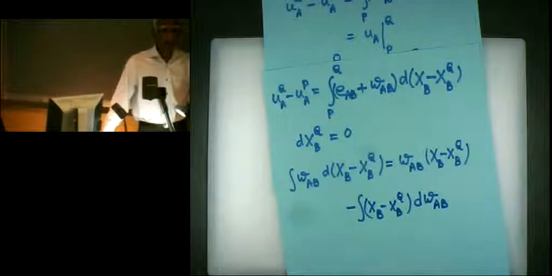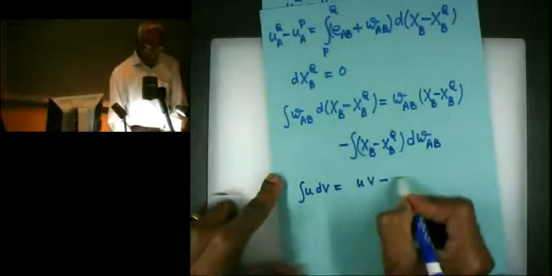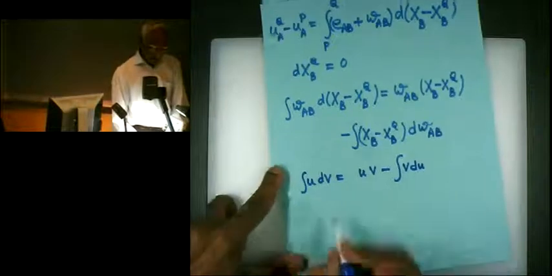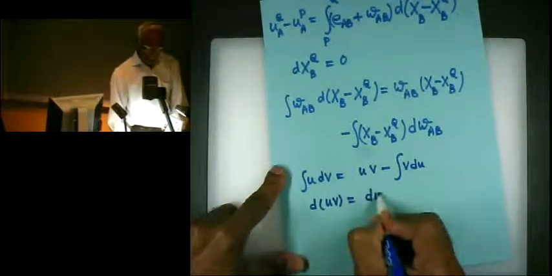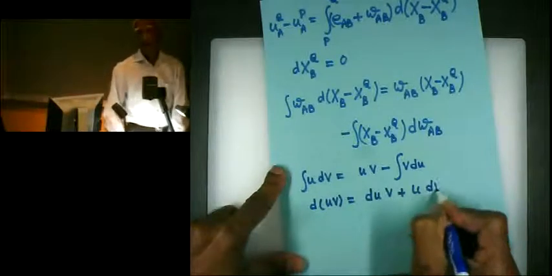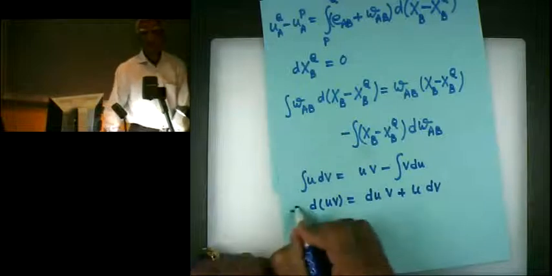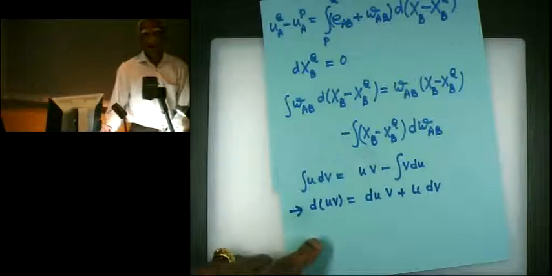So it's integration by parts. To remind you, it's integral of u dv equals uv minus integral of v du. And if you don't remember it, start from here and then integrate. This one you should remember, because you learned it in first year calculus.